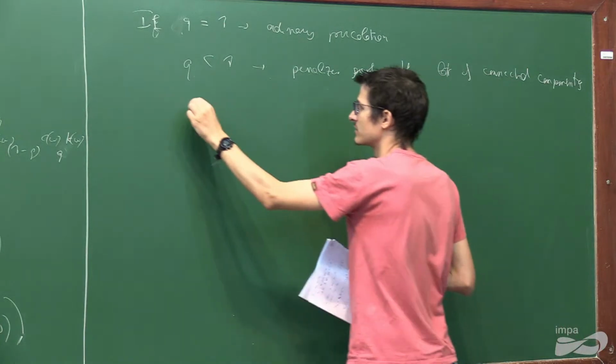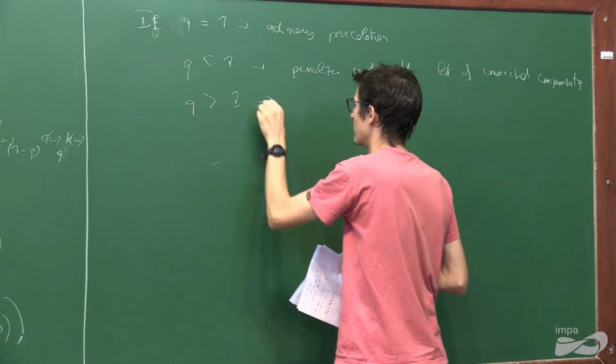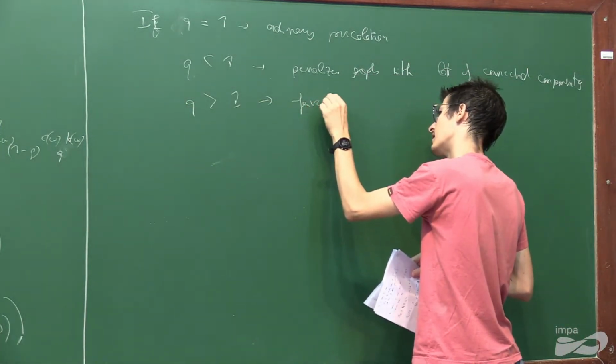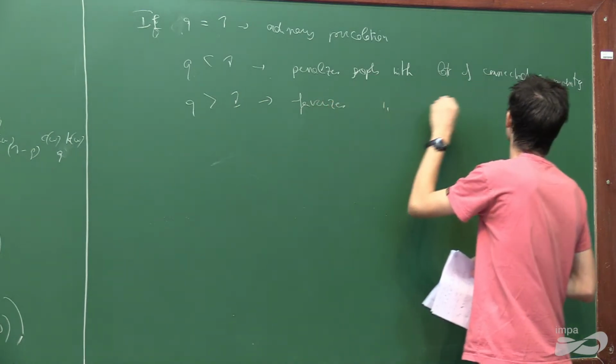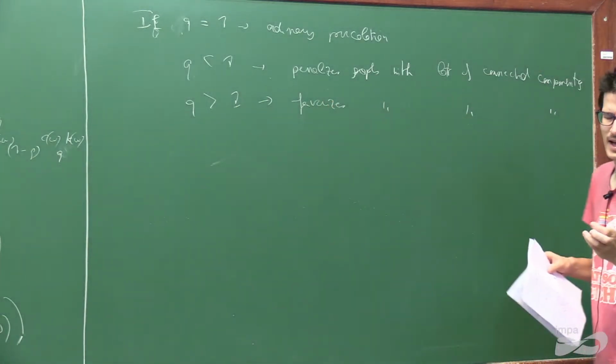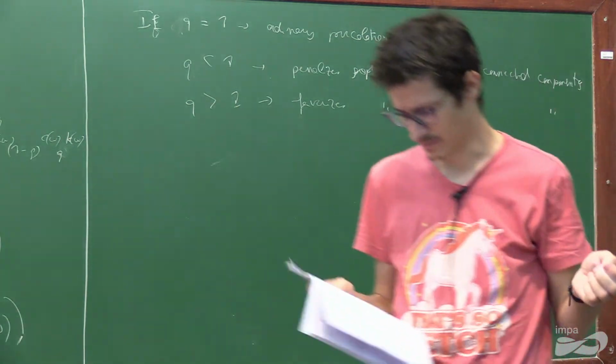And if q is larger than 1, it's the contrary. It favors them.